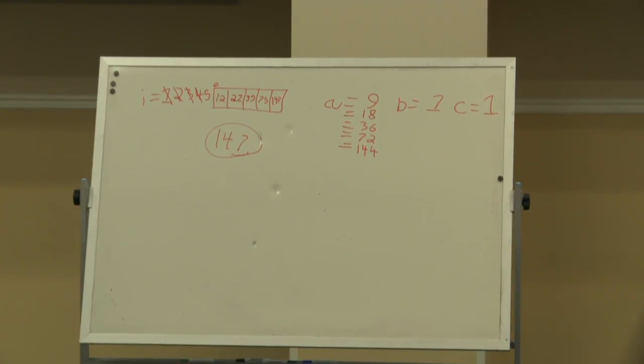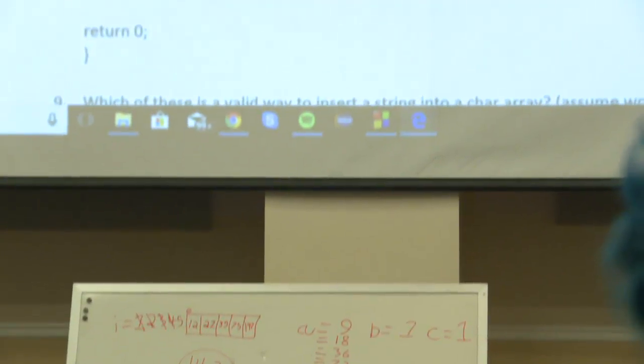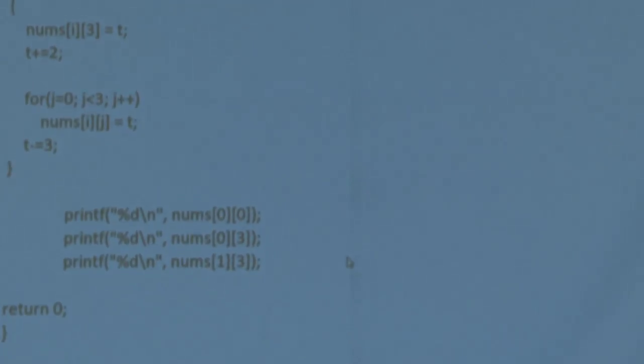All right, so this one is another tracing problem, and this one involves 2D arrays, so I want you guys to give it a try.